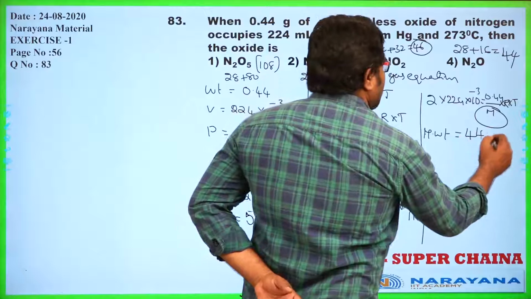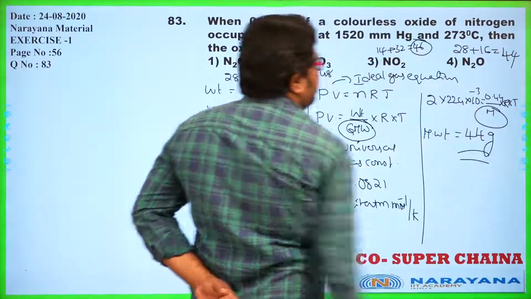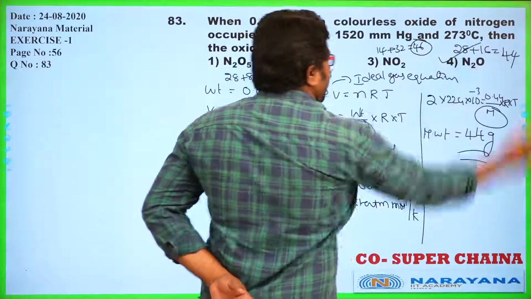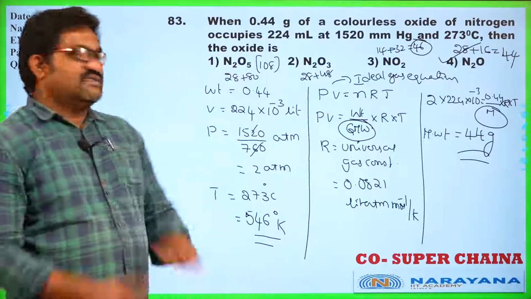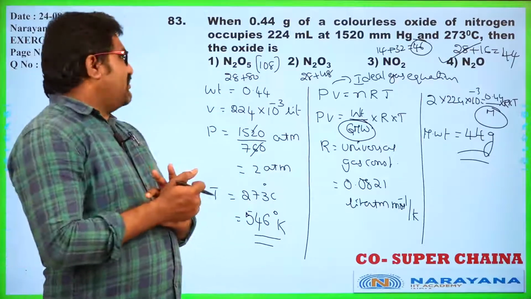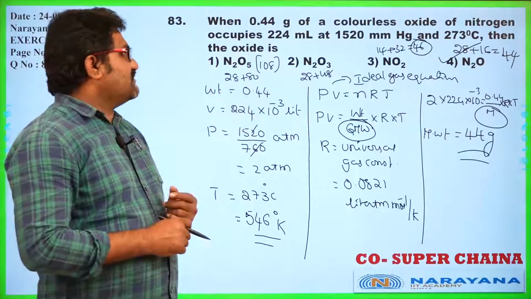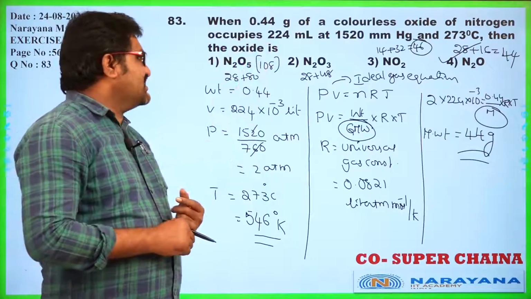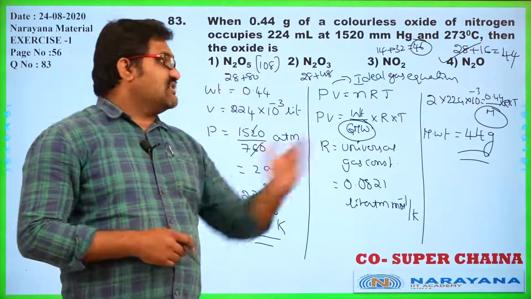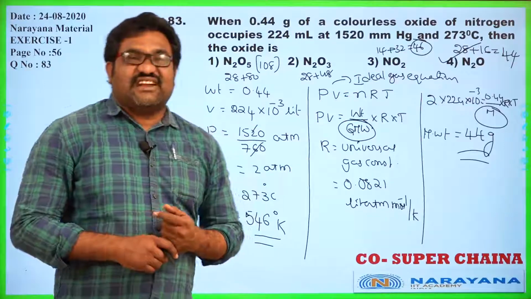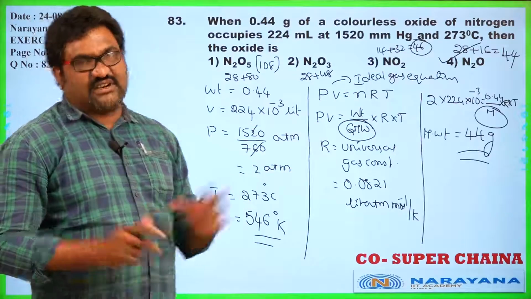So 44 grams is only for N2O. The particular gas, 0.44 grams of that gas occupies those conditions and its molecular weight is 44, so that should be nitrous oxide, N2O. The fourth option is the correct one.